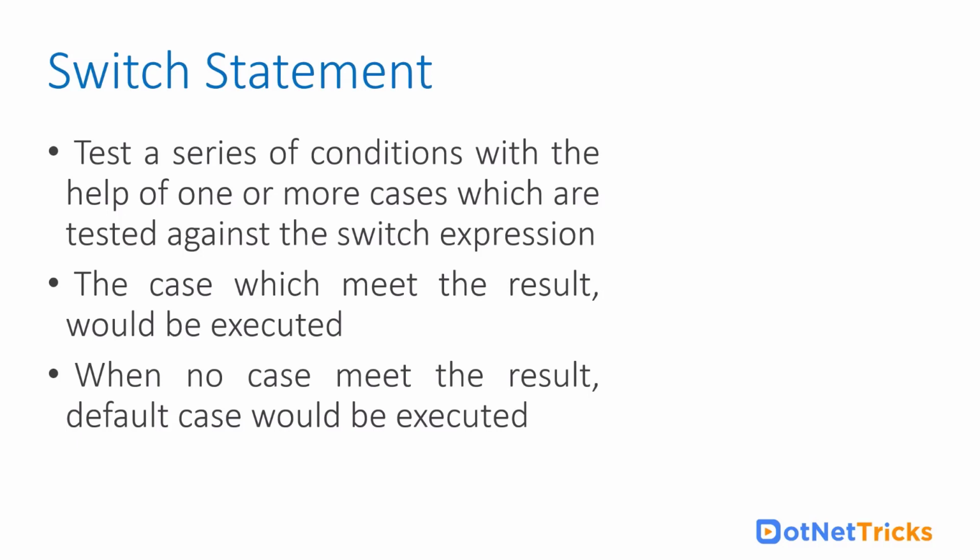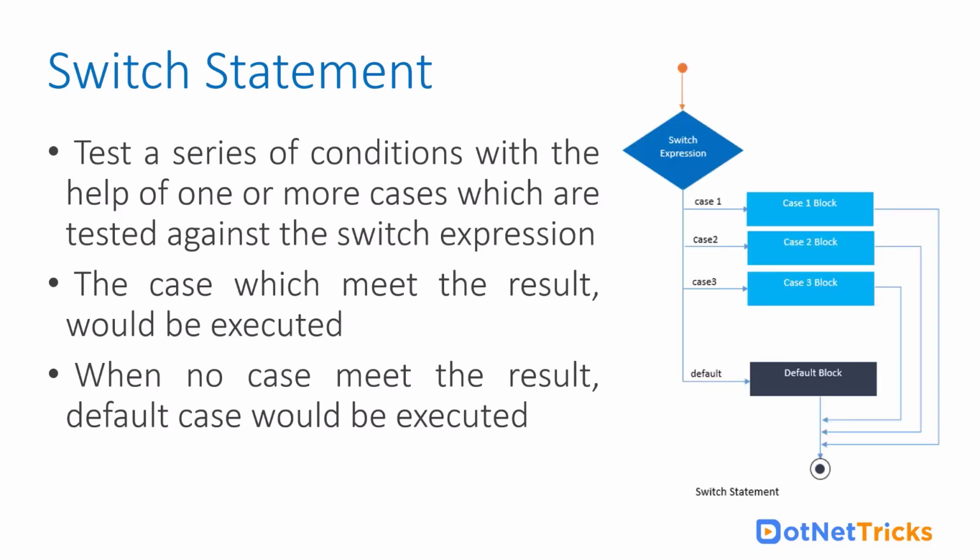So let's understand with the help of a diagram. We will have a switch statement having an expression. Whatever value is evaluated by the expression, to handle that value we define more than one case, like case 1, case 2 and case 3.